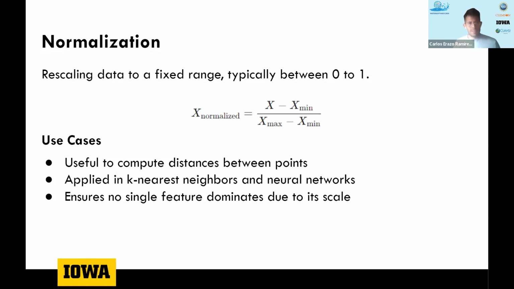Normalization is rescaling data into a fixed range by applying the min-max. So this is a compound average, I think it's called. And the use case for the normalization process is that it's useful for computing distances between points. You can apply the k-nearest neighbors algorithms for normalizing your data sets.